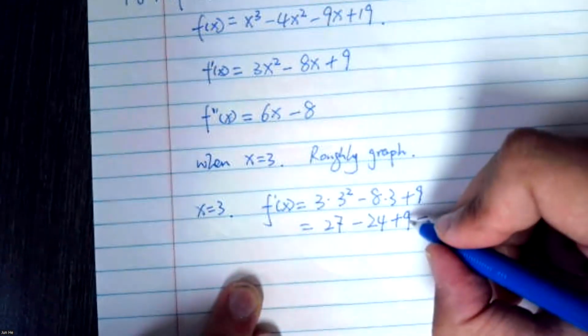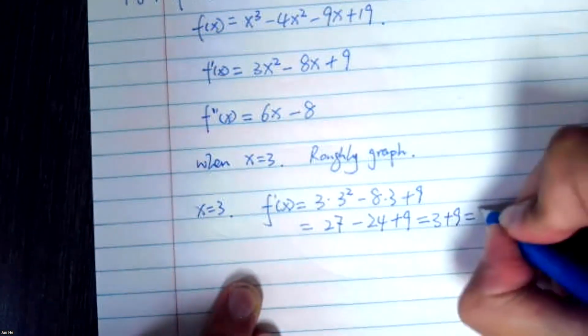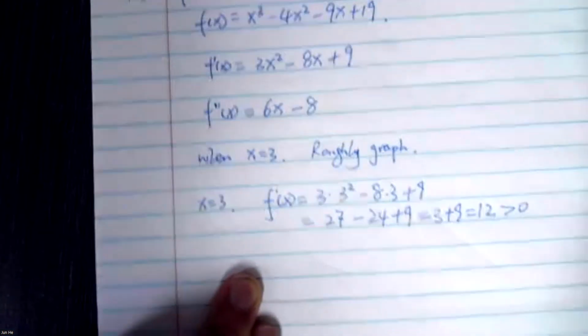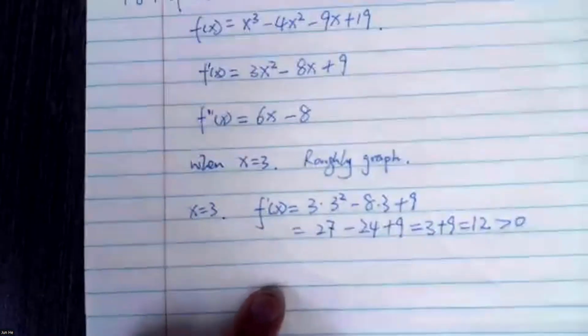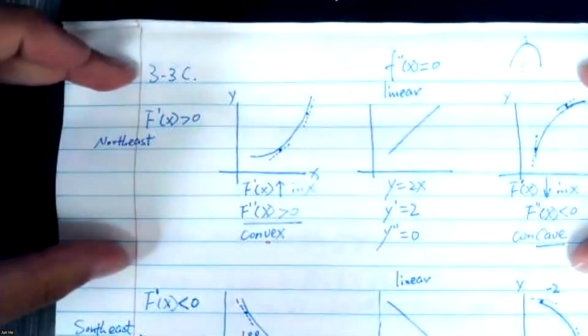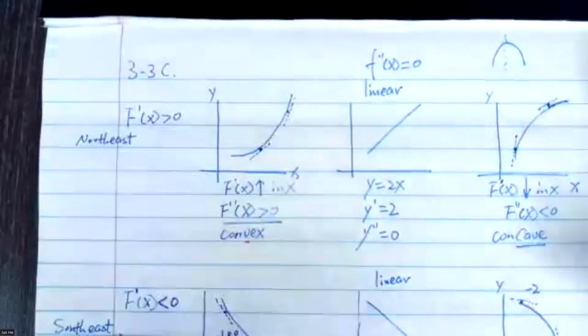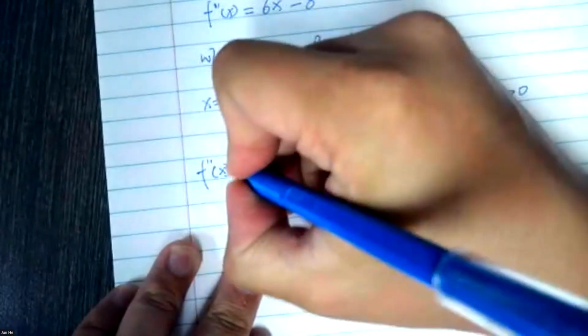That's 3 plus 9, which is 12. So that's greater than 0. So here we are fixating the possibility under this 3. Now we're looking at the second order derivative, f double prime x when x equal to 3.